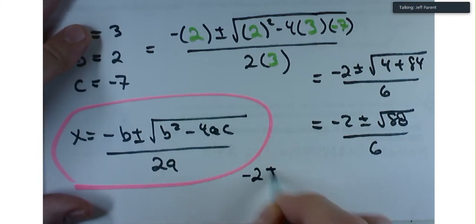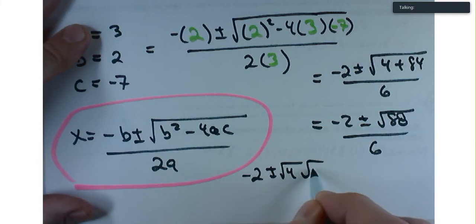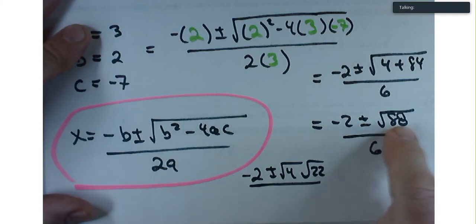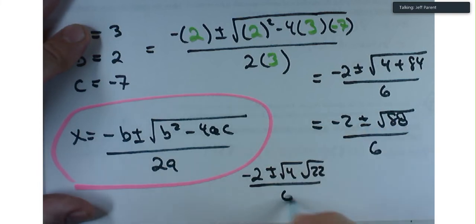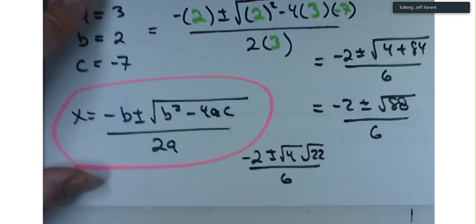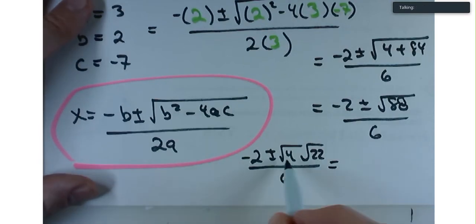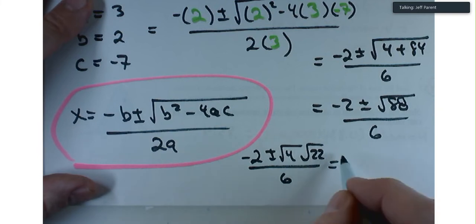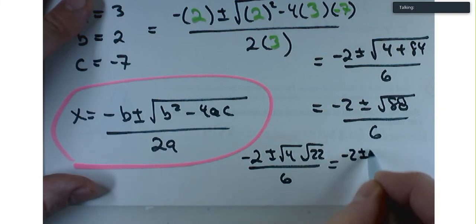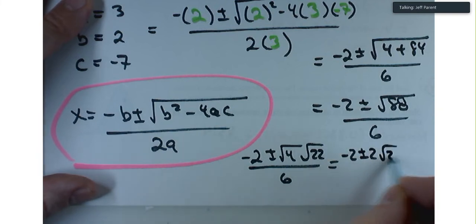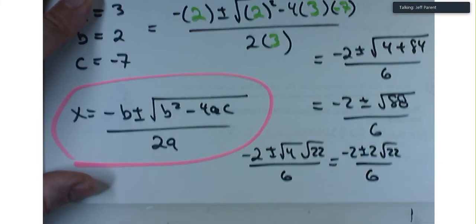What you should get comfortable with is something like this. There's a perfect square that goes into that evenly. It's 4. So square root of 88 is the square root of 4 times the square root of 22. That gives me negative 2 plus or minus 2 square roots of 22 over 6.